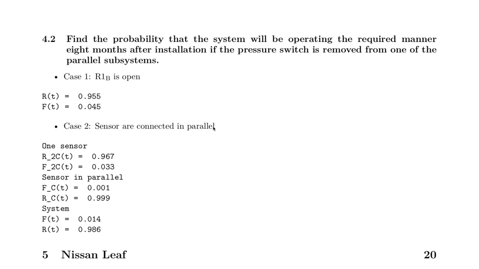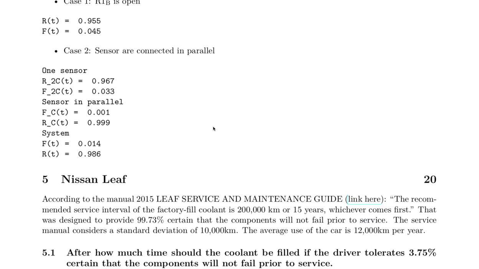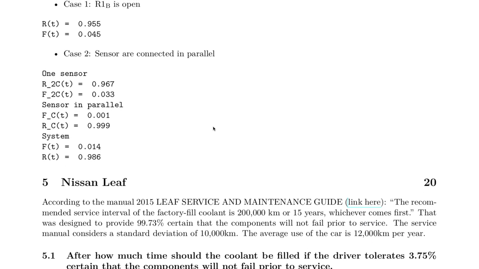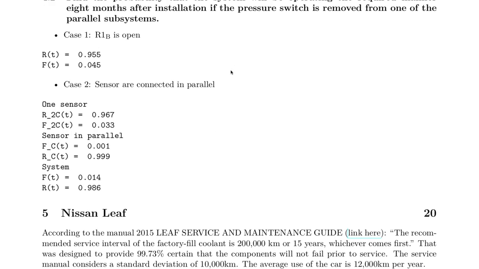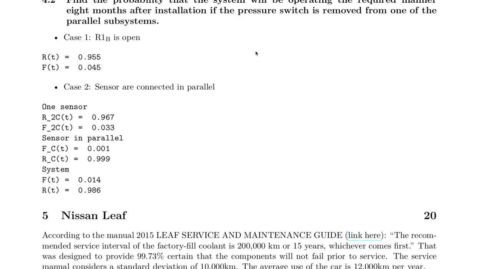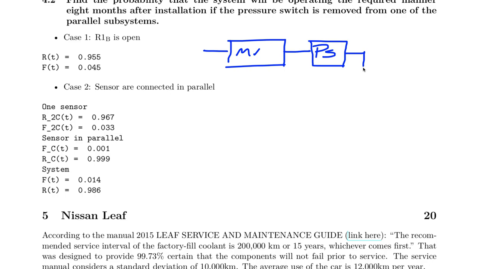So what we have is a system that has a moisture sensor, you have a pressure switch, and the flow meter.